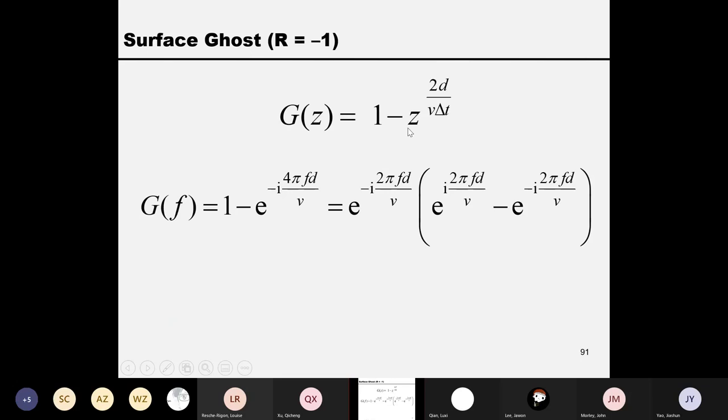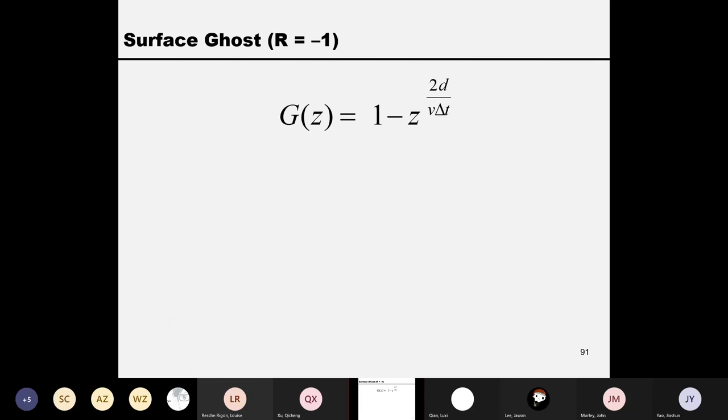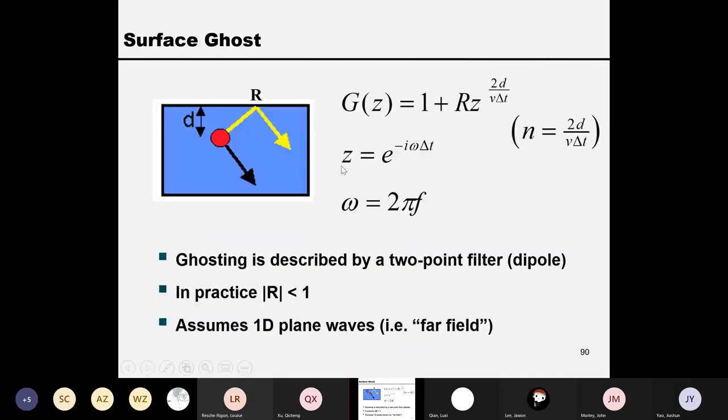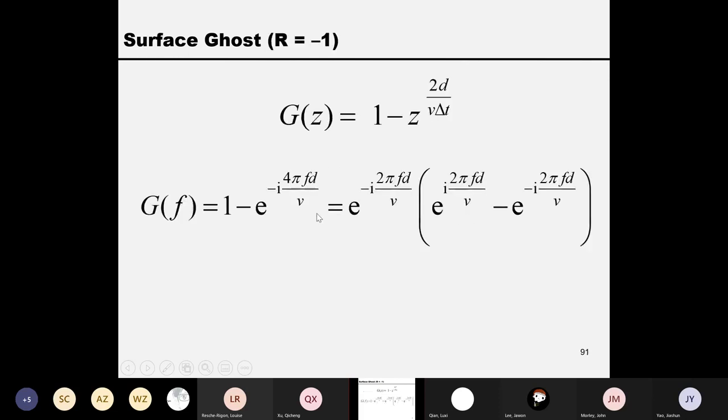If we substitute Z by the operator e to the i omega delta T, it becomes 1 minus e to the i 4 pi f D divided by V, right?